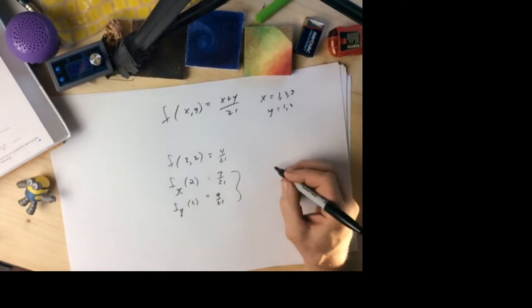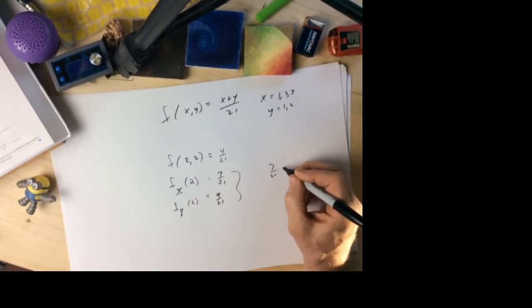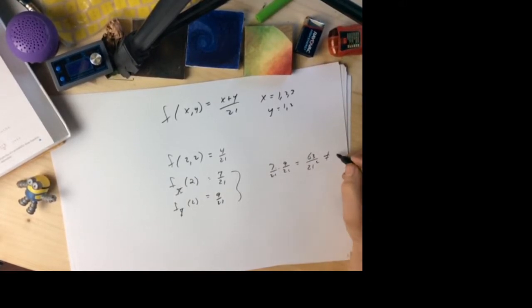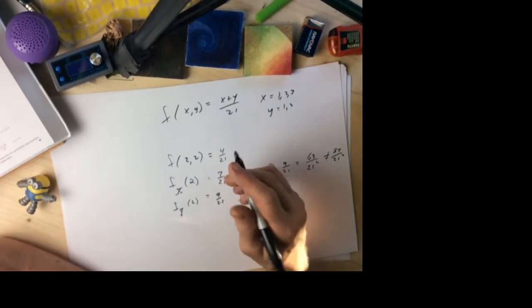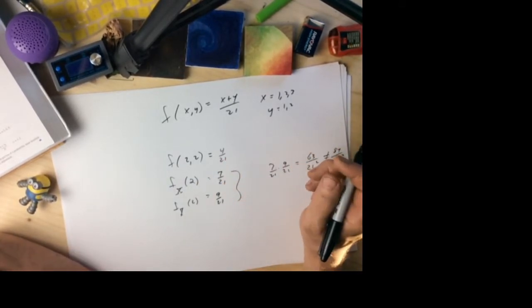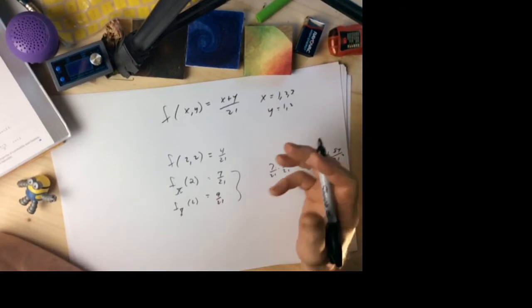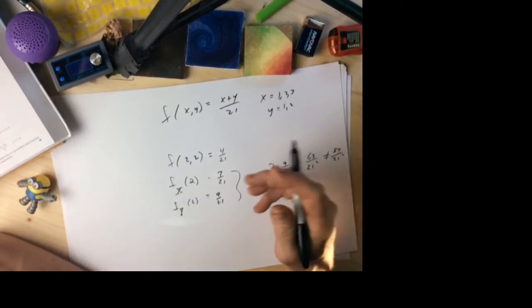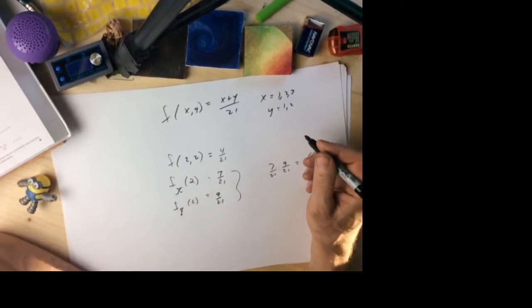And it's useful to note that 7 21st times 9 21st is 63 21st squared. That is not 84 21st squared, which says that that joint probability function that we were looking at, the bivariate probability function, was not composed of two independent variables. They have a dependence on one another.